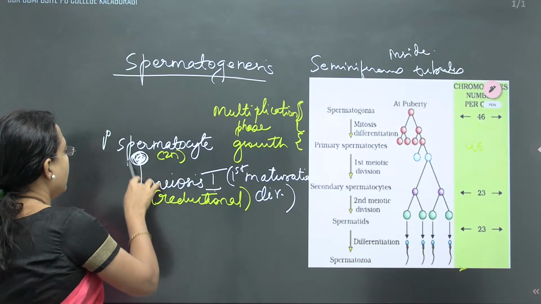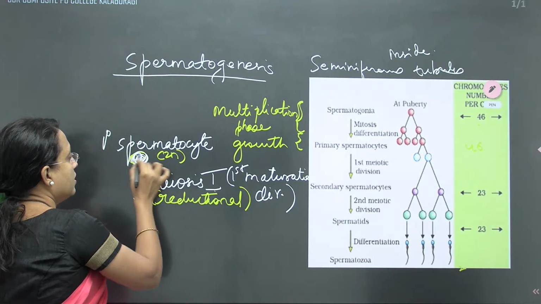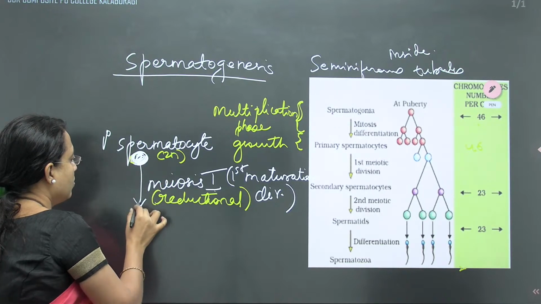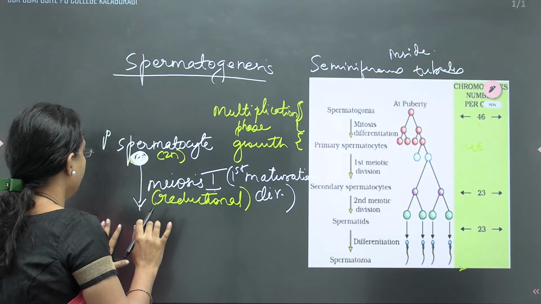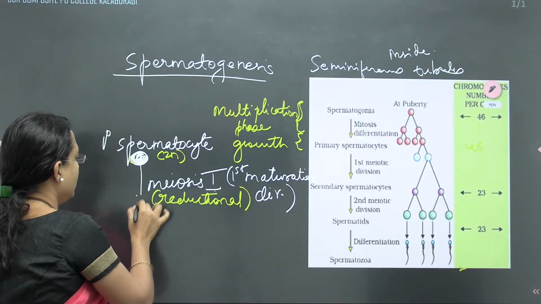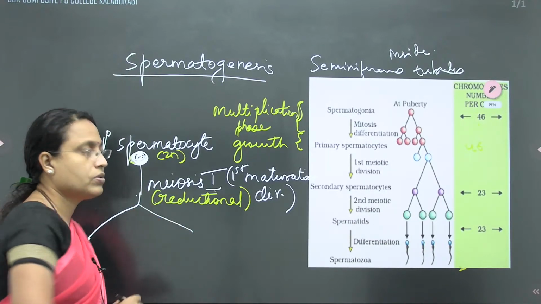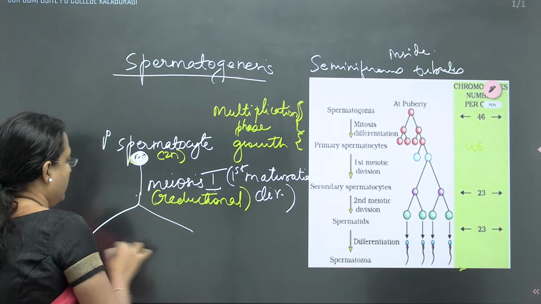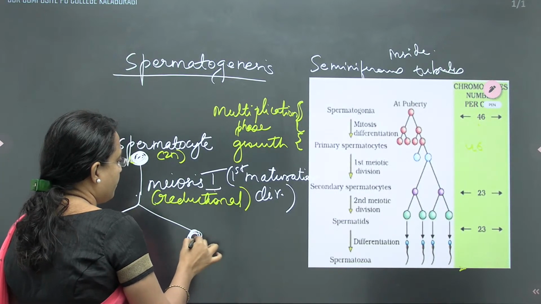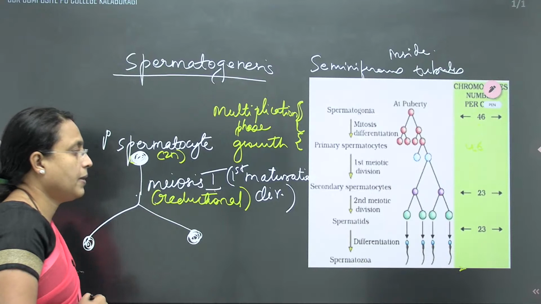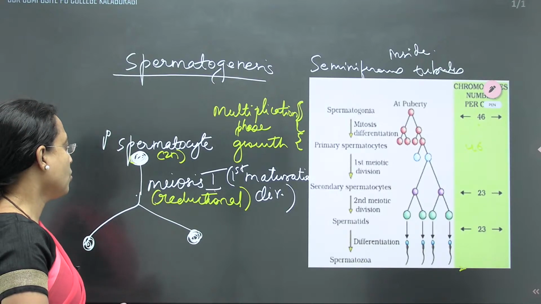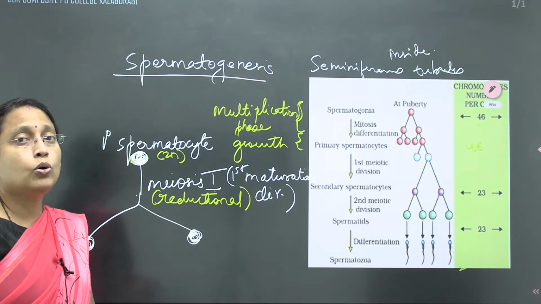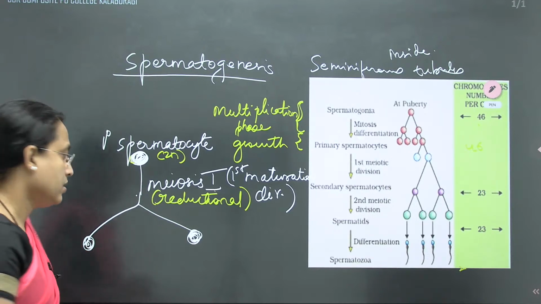So this cell that undergoes meiosis will produce 2 cells. That means the primary spermatocyte will undergo meiosis 1 to form 2 secondary spermatocytes.